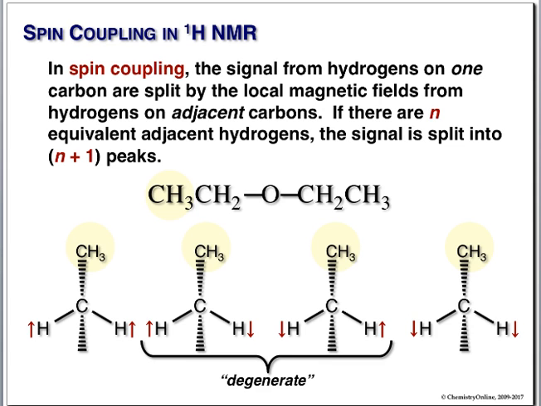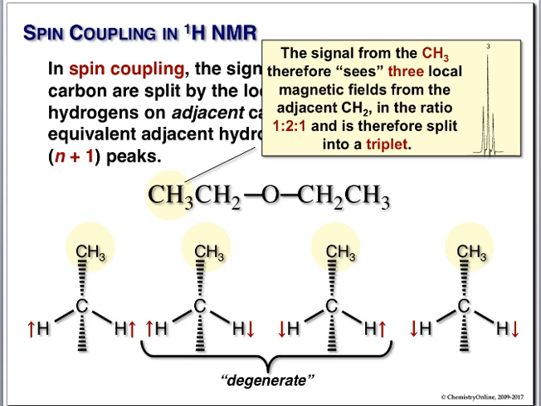This is 3 protons, and it's split by 2 protons, split into n+1 as 3 peaks. Two adjacent hydrogens, 3 peaks. This is what a triplet looks like.